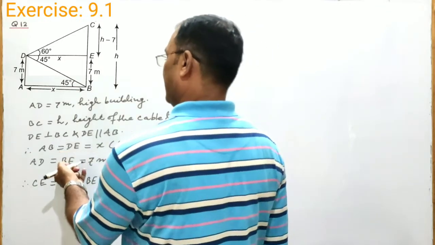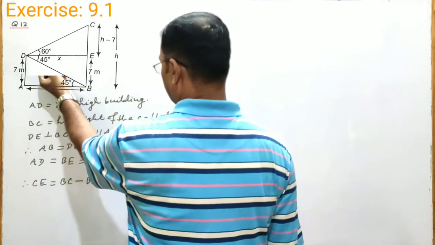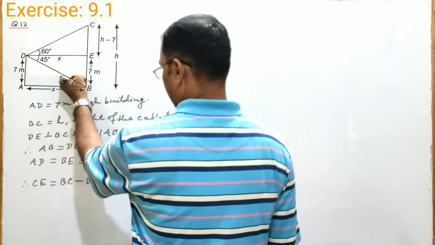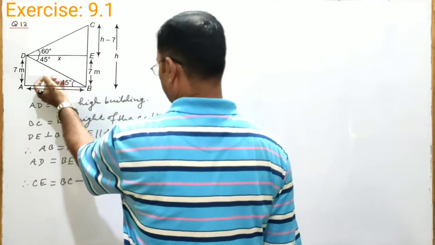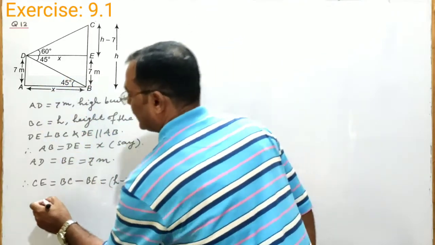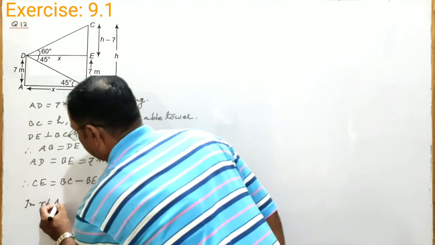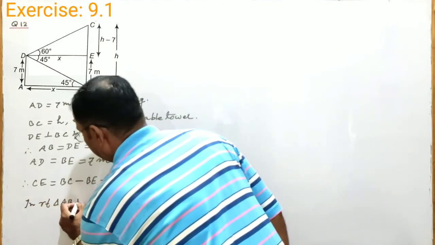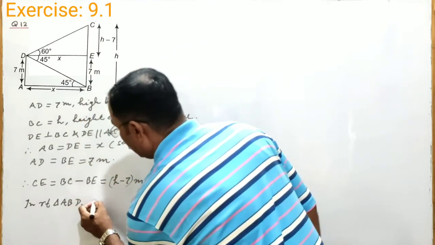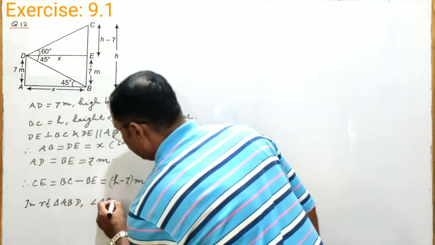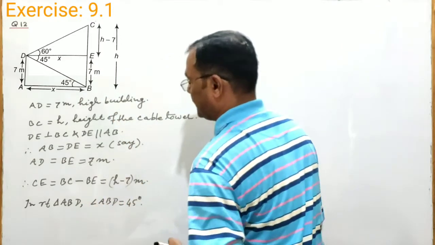As DE is parallel to AB, this angle of depression, being an alternate interior angle, will be equal to angle ABD. So in right triangle ABD, angle ABD equal to 45 degrees.